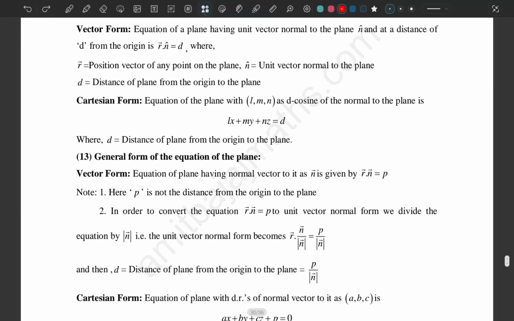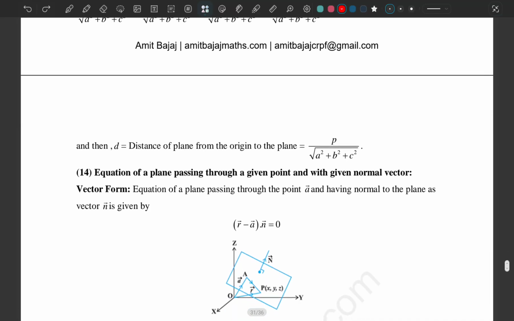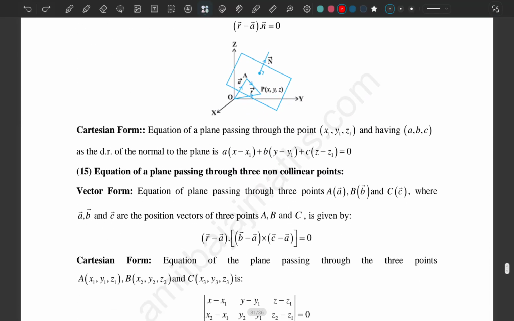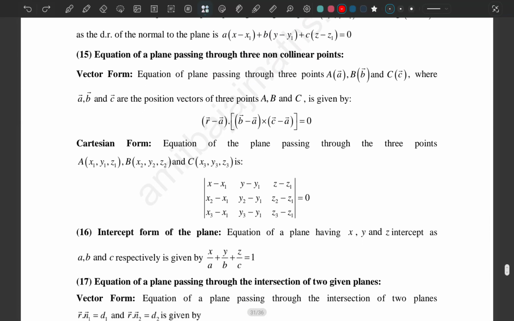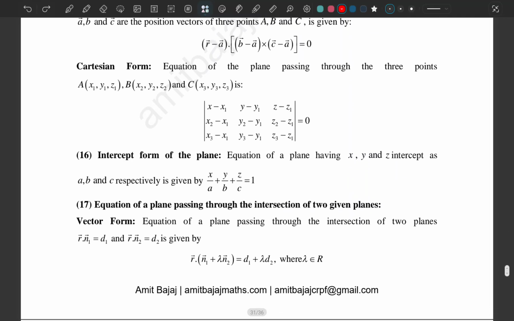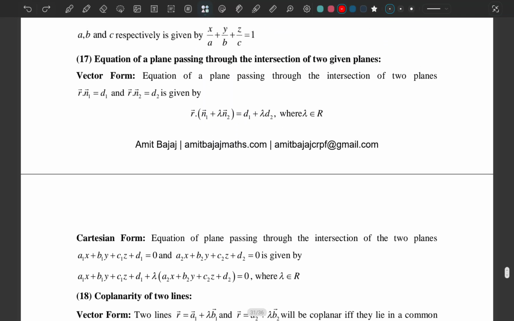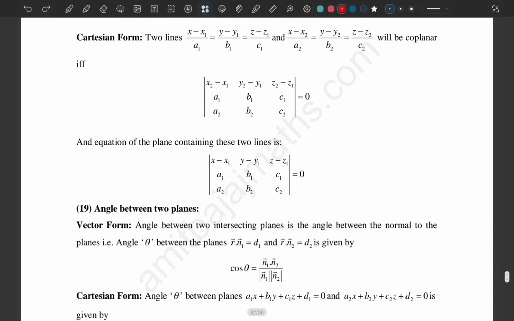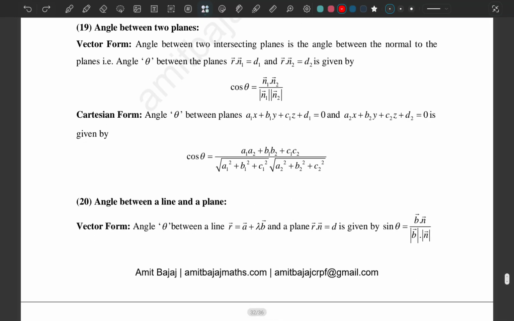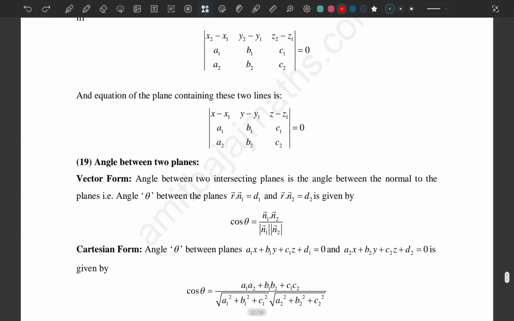And I think so far it's good. This contains a lot of unnecessary stuff, but still maybe they are useful. But I haven't seen that much amount of questions being asked from all these. Okay, but yeah, you can just check. You can just read them out if you want.